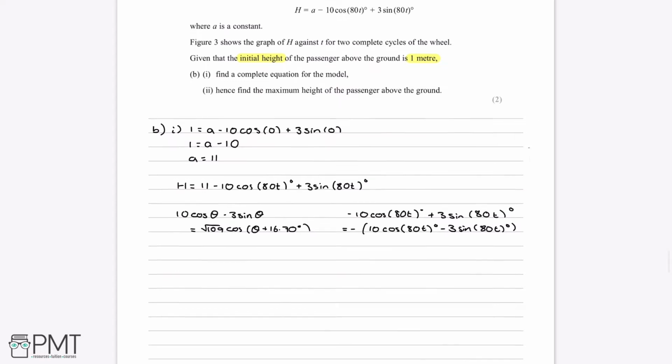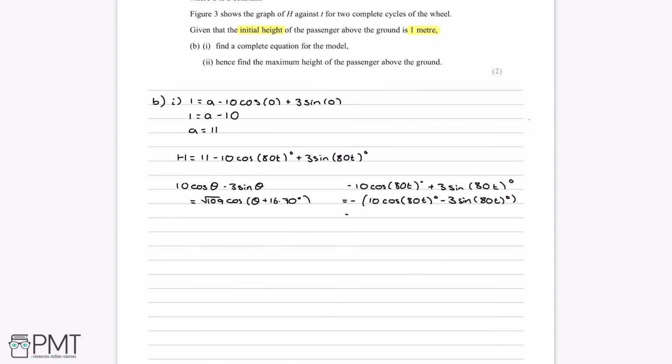But this means that we can write this in exactly the same format as we did for part A, just replacing theta with 80t. So we can write this in this form, still keeping the minus sign on the outside though. So we're multiplying this whole thing by a -1, which just makes negative root 109 cos, and then it's 80t instead of theta, plus 16.70 degrees.